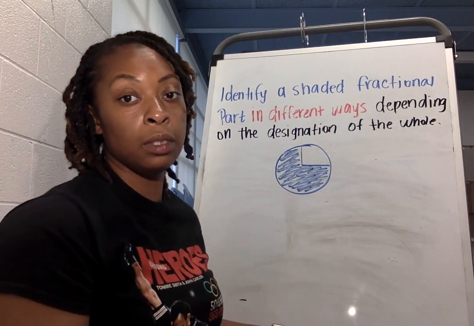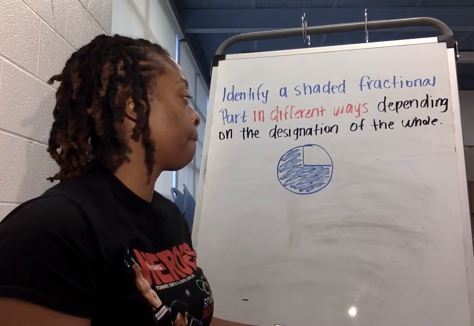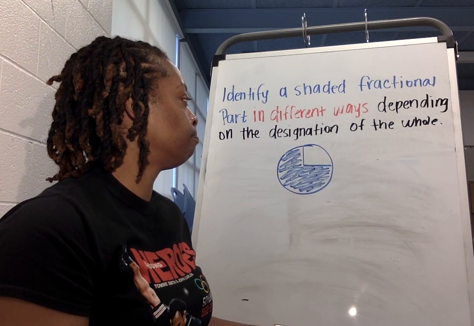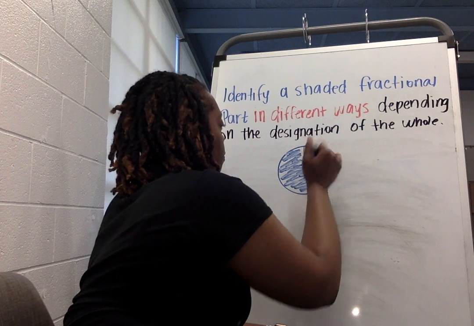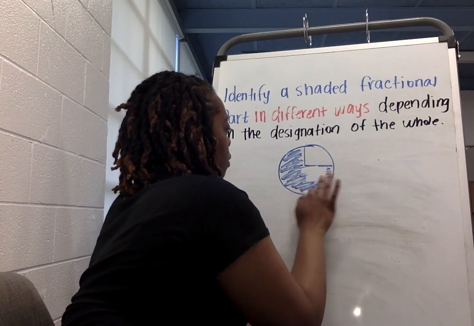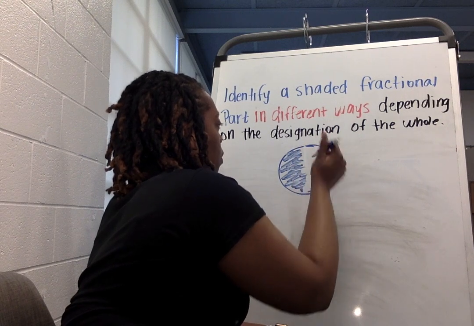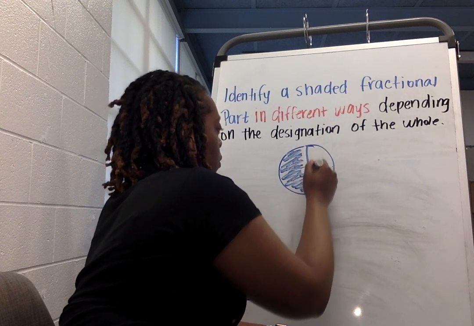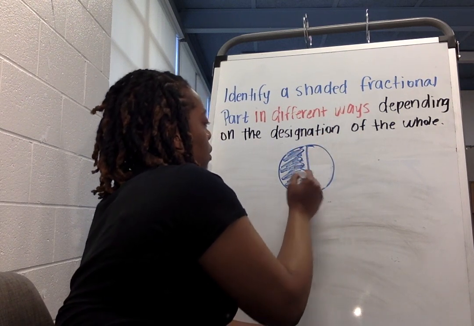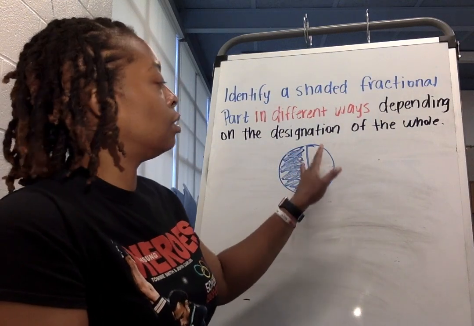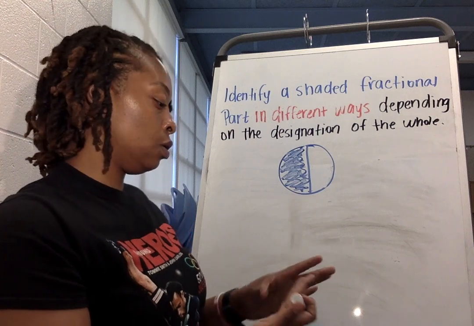Okay, this is my pizza. This is how much that has been eaten. Give Miss Breeden 1 second. Here we go. So the part that I have shaded in, that's how much has been eaten. This is how much is left.